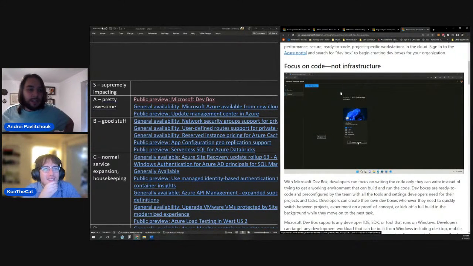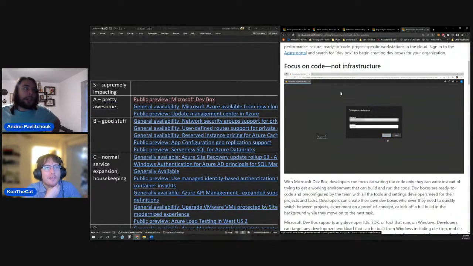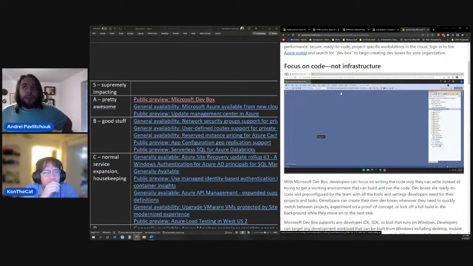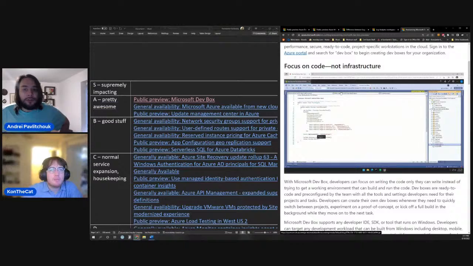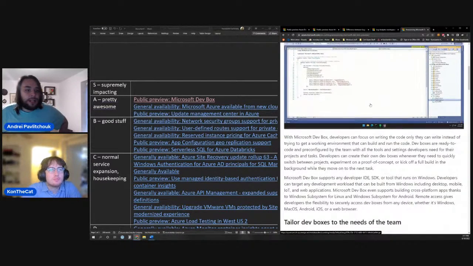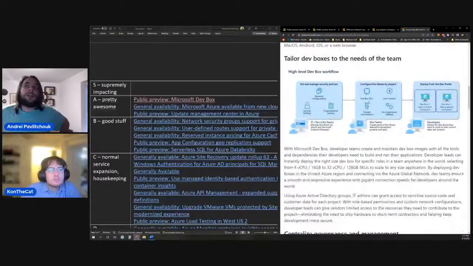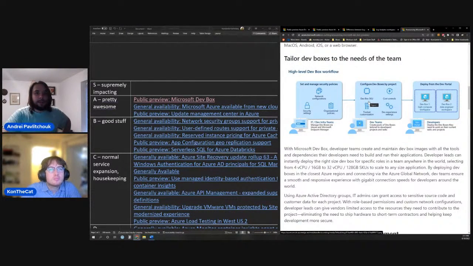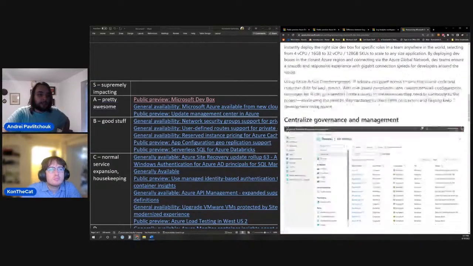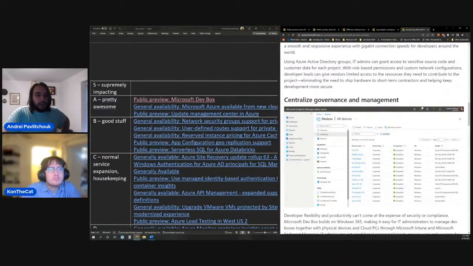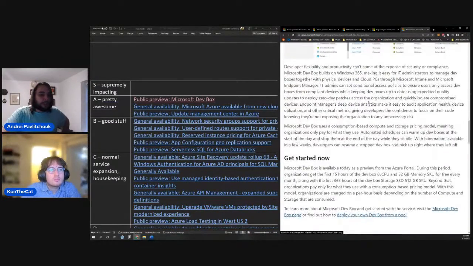I like that you have that option, and as they say, focus on code, not infrastructure, because that's what it seems like to me. Especially when a badly written application sometimes takes a huge amount of resources.